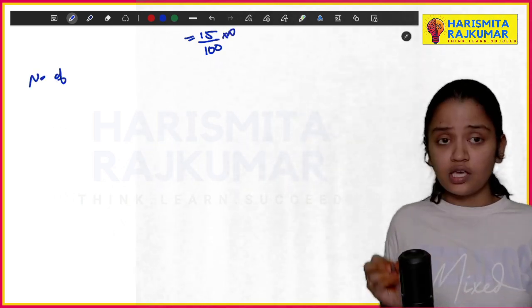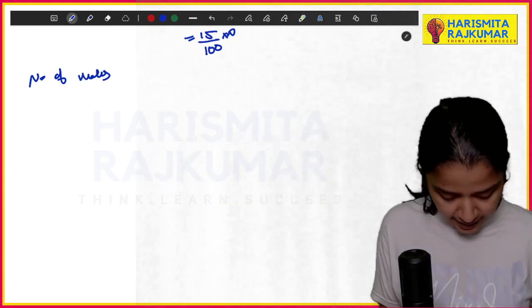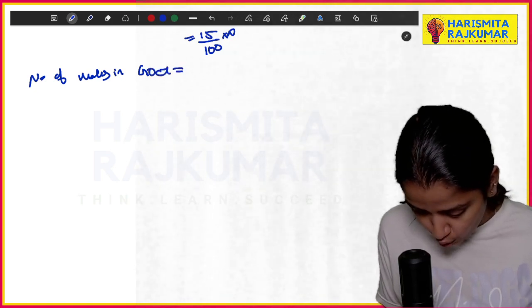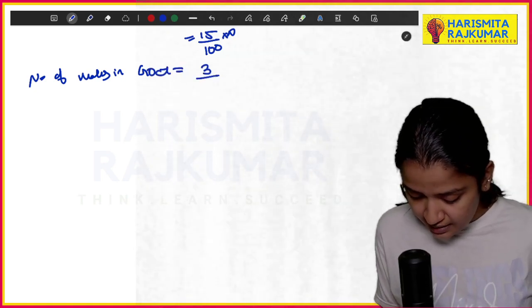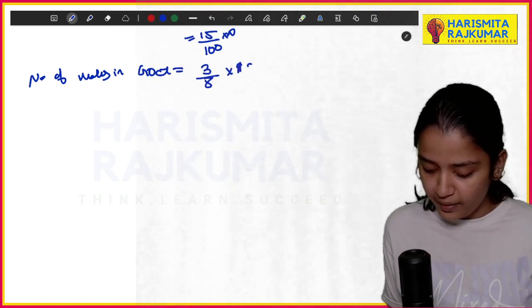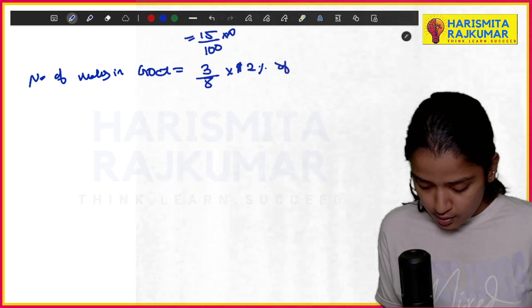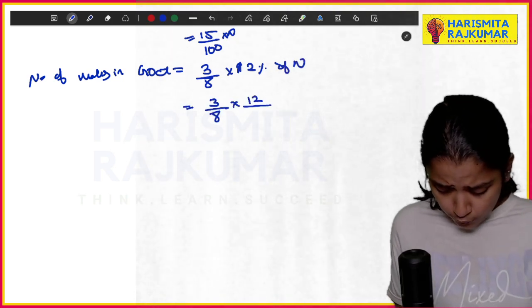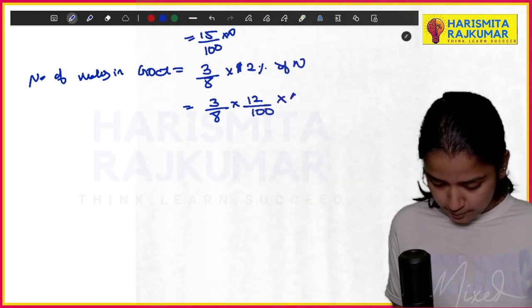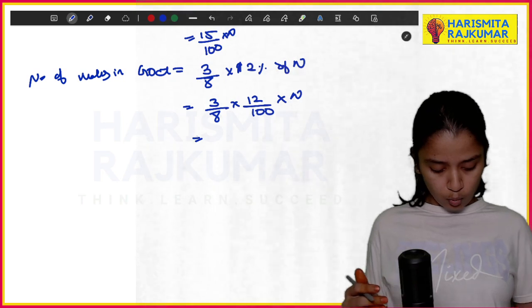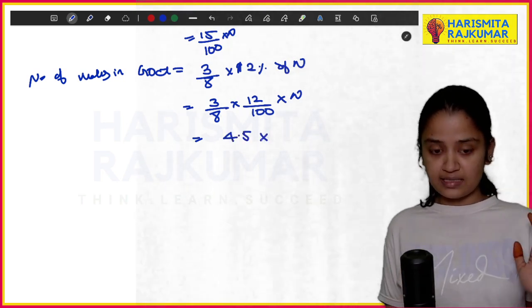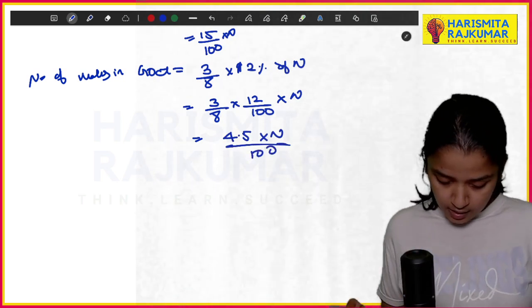Now let us go to number of males in Goa. Similarly, you will get 3 by 8 into 12% of N, which is 3 by 8 into 12 by 100 into N, which gives 4.5 into N by 100. They are asking for the total number of males in the 3 states.